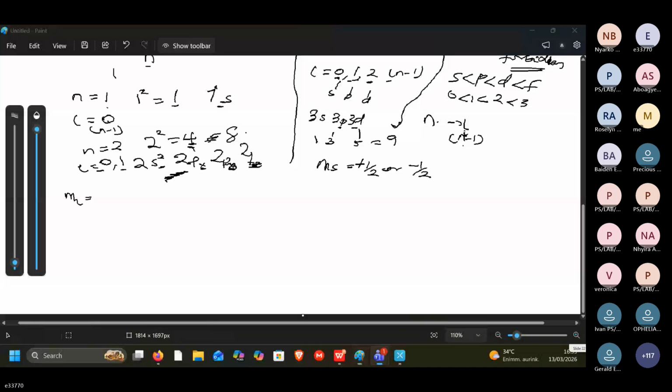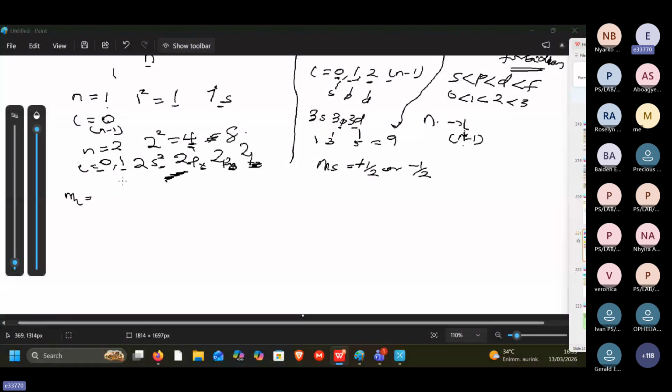Okay. So let's try to play around before I make progress with this one. Can you tell me what will be the angular momentum, that is L, and then the magnetic quantum number when I know the principal quantum number to be n equal to 3?